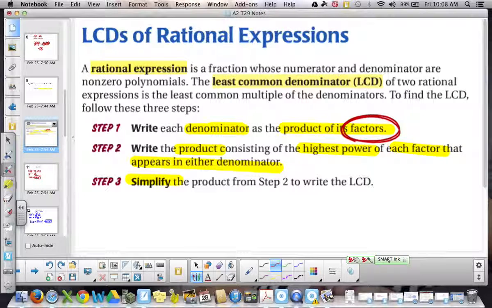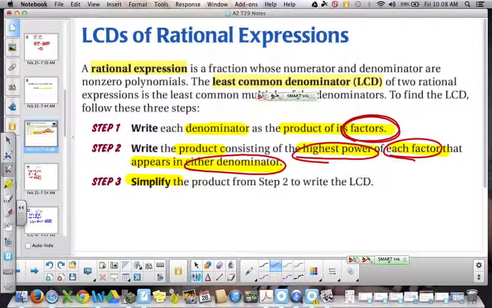Then use the highest power of each factor that appears in either denominator, and it's a product of those factors. That'll do it for finding LCDs. The next part of target 29 is going to be adding and subtracting rational expressions with unlike denominators, which we're going to use this idea of least common denominators for.